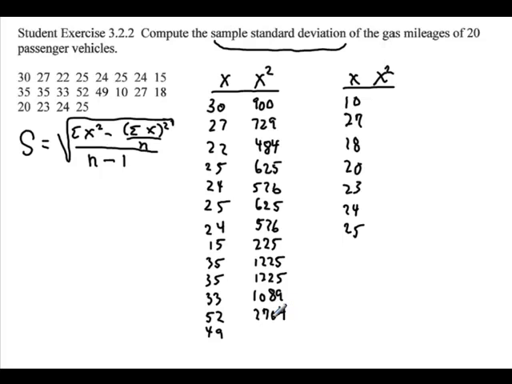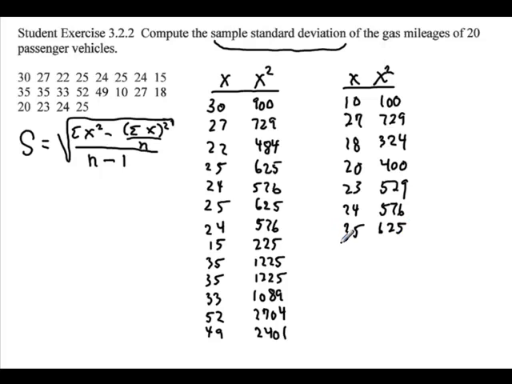And 49 squared is 2401. 10 squared, 100. 27 squared, I know we did that before, 729. 18 squared is 324. 20 squared is 400. 23 squared is 529. 24 squared was, what again, 576. And finally 25 squared is 625.